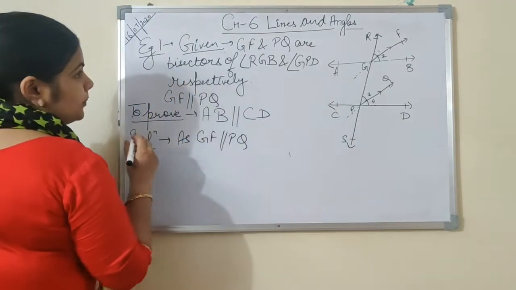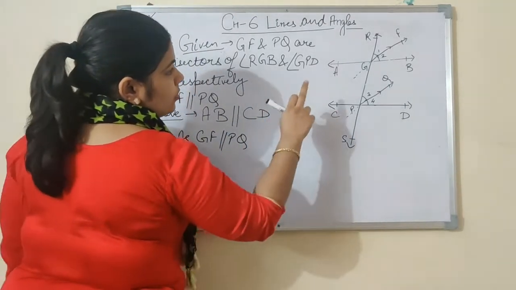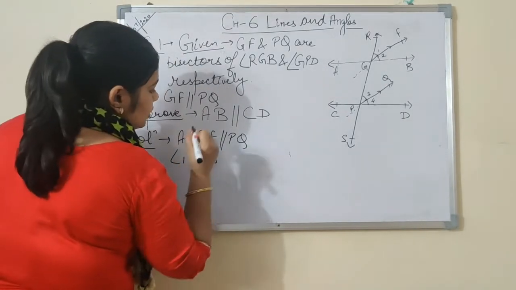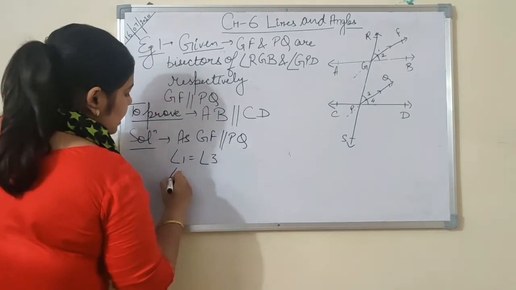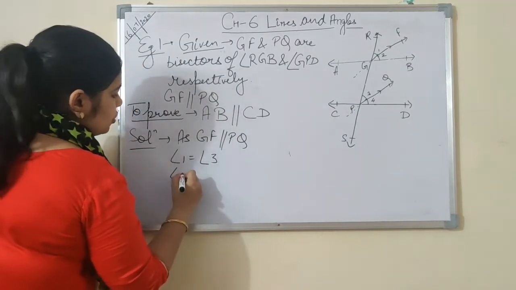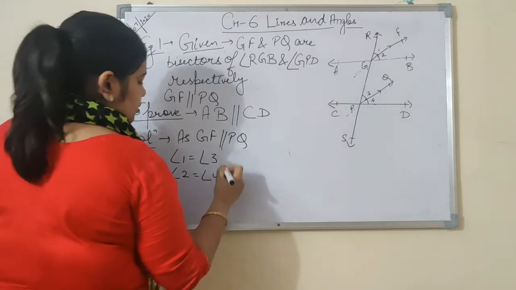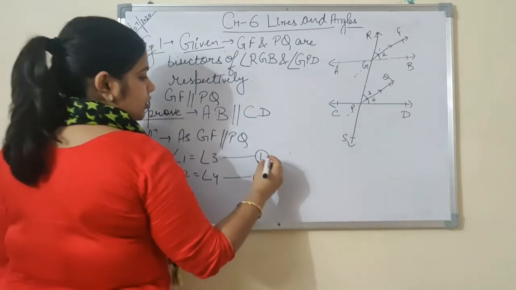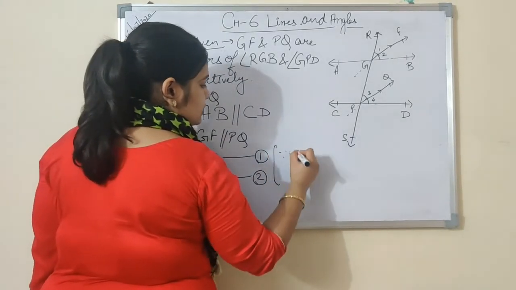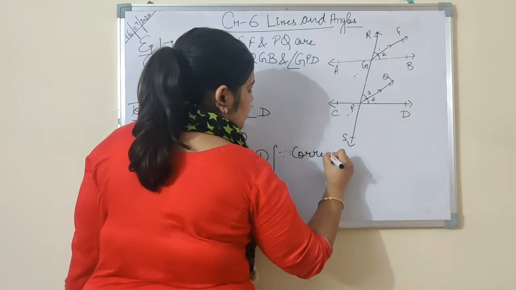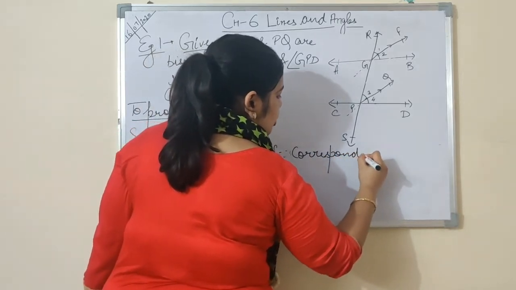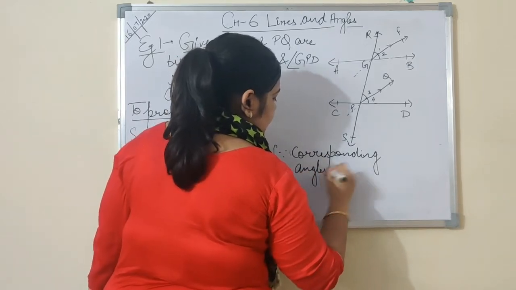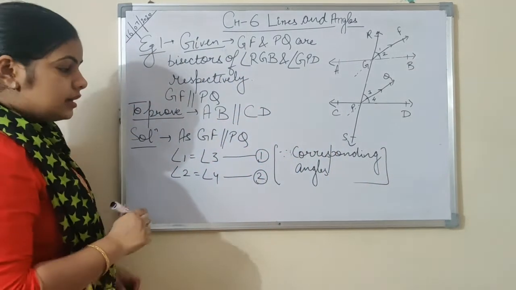Name this as equation number 1 and this as equation number 2, and write the reason for both: corresponding angles. Is this clear?